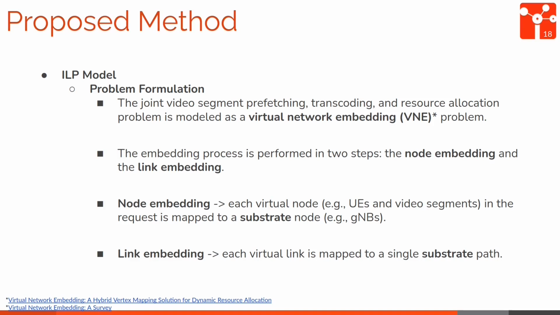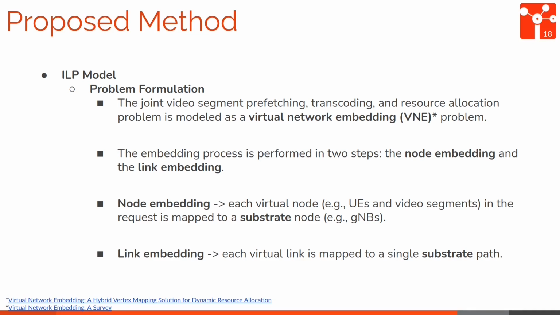The purpose of virtual network embedding is to map a virtual network onto an underlying physical network, known as a substrate. Typically, virtual networks have certain demands, such as resource requirements, that need to be satisfied by the mapping process.